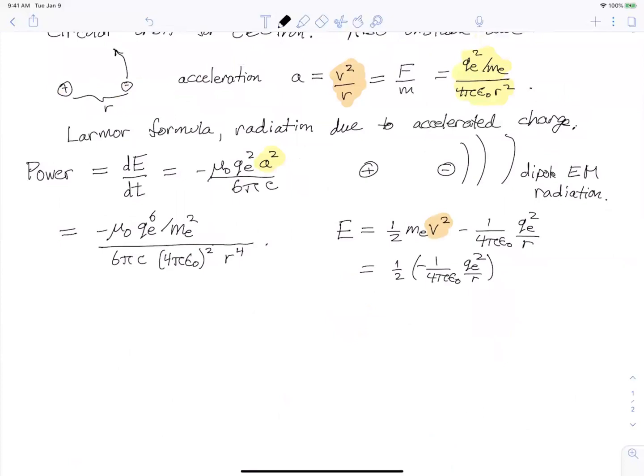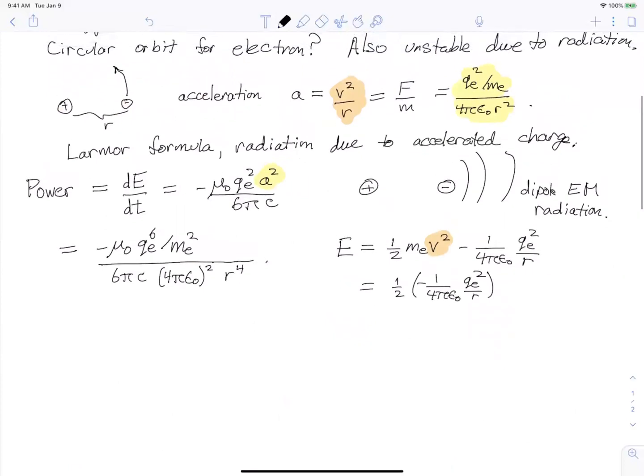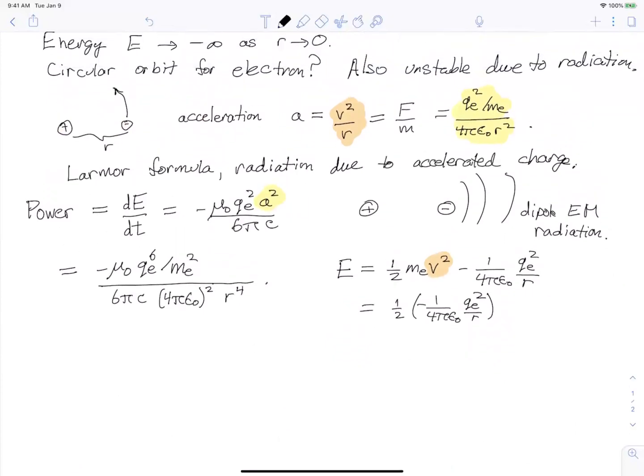Yeah, I have a question. So right here, at the bottom, where you had E equals kinetic energy minus potential, how would you get to that next step? Oh, so basically I'm just solving for V. I'm skipping a few steps, but I'm taking this, and I'm taking that, and I'm plugging them both into there.